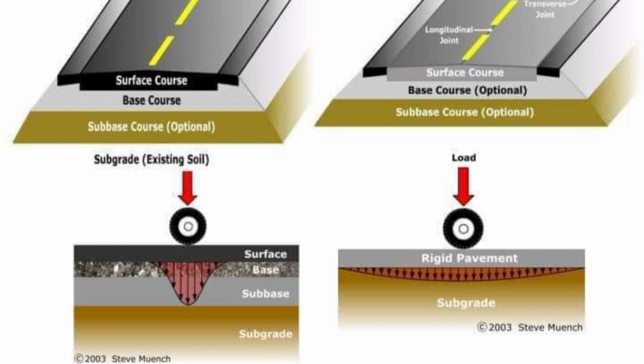We can clearly see that load is distributed on a smaller contact area in the case of flexible pavement, and load is distributed or transferred to a large contact area in the case of rigid pavement. The chances for settlement of the subgrade in the case of rigid pavement is less as compared to the flexible pavement. These two are basically the two major parts of pavements in road.